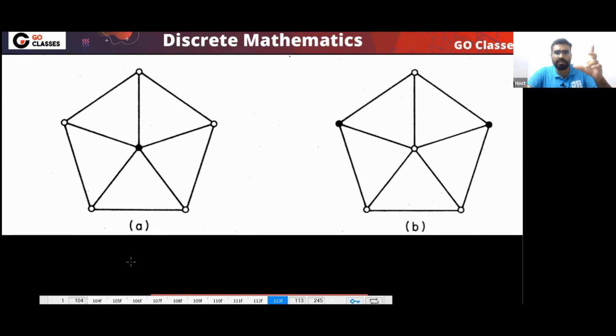Let me tell you one thing. Whenever some concept is very important, someday that question will definitely come in the GATE exam, and they will make it easy. For example, matching is a very important concept, so someday they will definitely ask an easy question on matching.